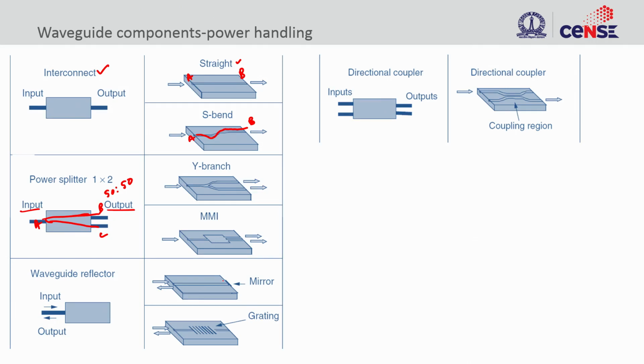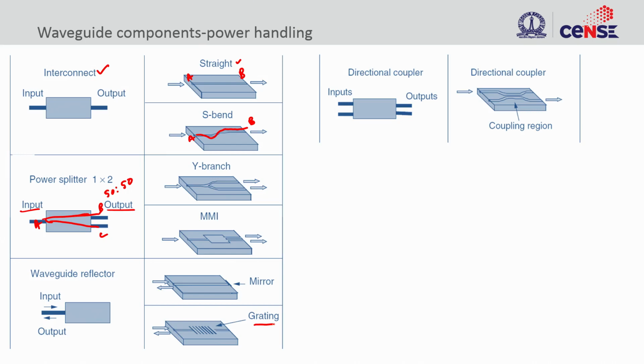We can use the same strategy here as well. So, you can take a waveguide and put a mirror here. So, when you put a mirror, then the light will be sent back the same waveguide. So, this is one way of reflection. Okay. The other way to do that is by using gratings.